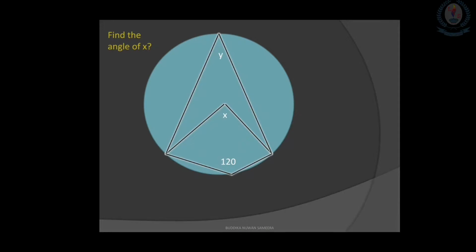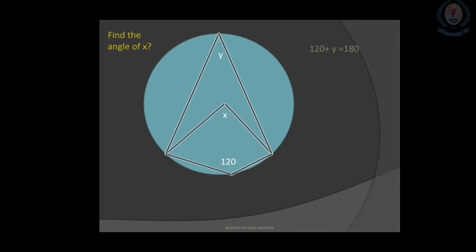So how do we find y? You can see all 4 points of this quadrilateral are on the circumference. That means the quadrilateral is a cyclic quadrilateral. From the circle theorem, opposite angles of a cyclic quadrilateral add up to 180.